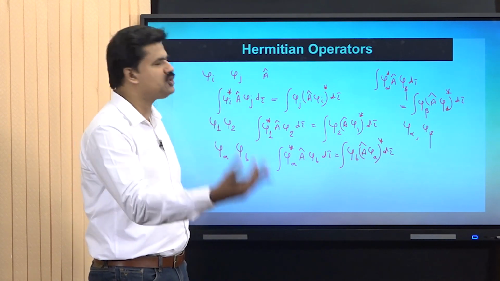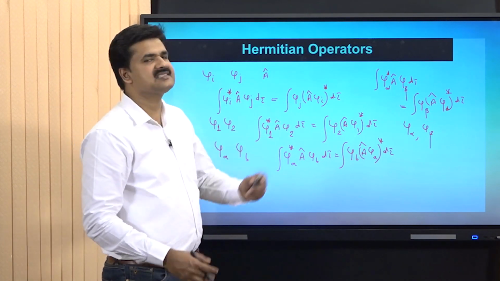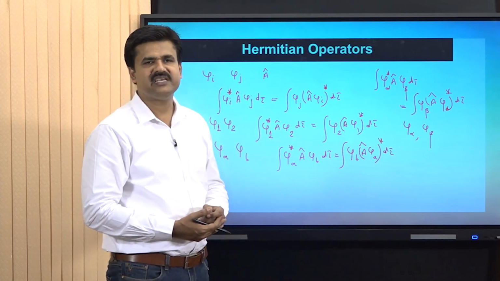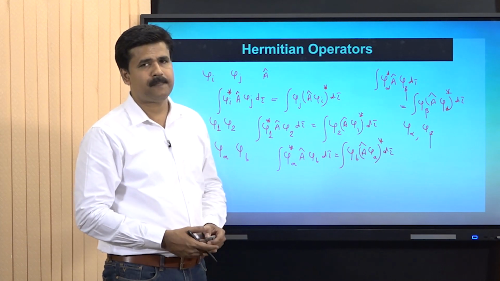So, for any two arbitrary functions, if the results are like this, we can say that A hat is said to be a Hermitian operator.